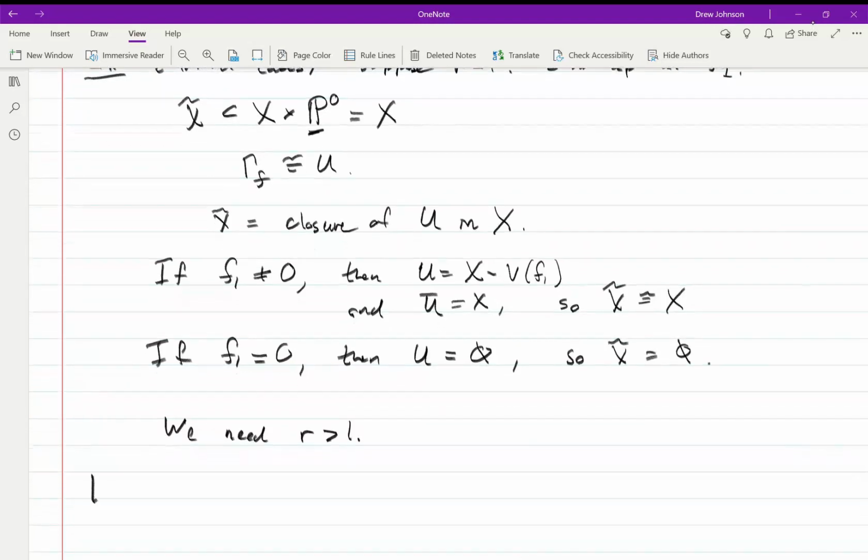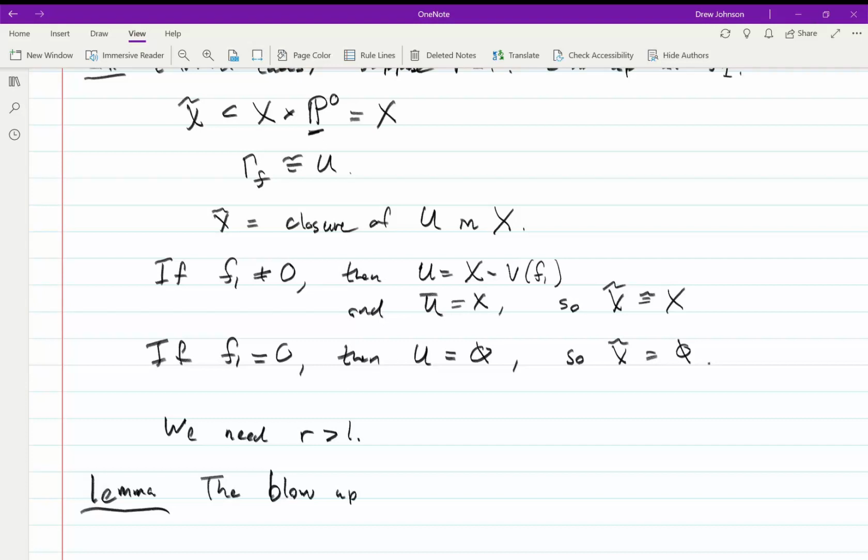Before we see some interesting examples, we're going to want this lemma, which gives us a more concrete way to describe the blow-up. Taking closures seems kind of hard to work with or to do computations with, so this lemma will help us out a little bit.